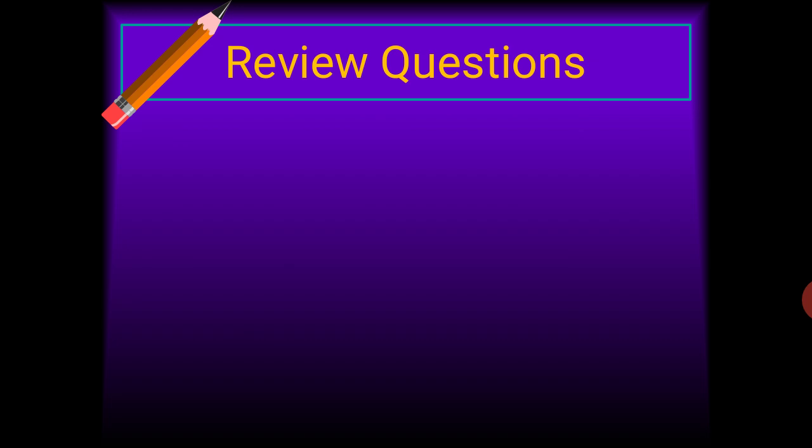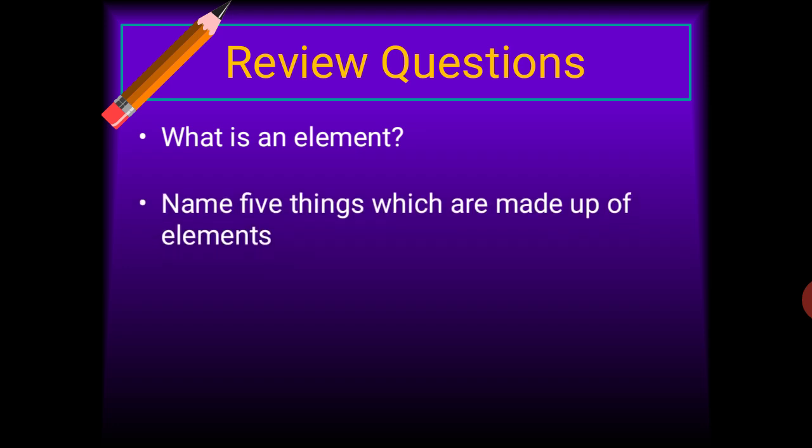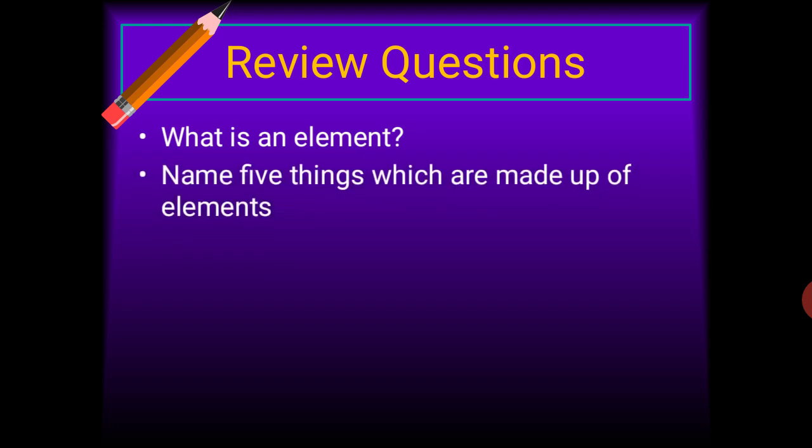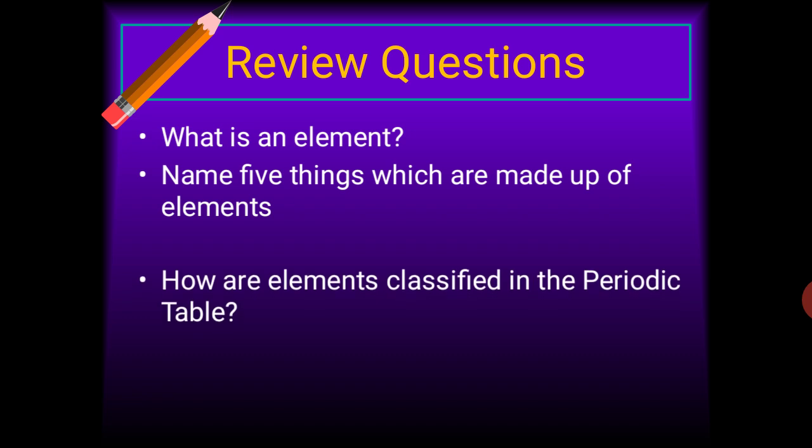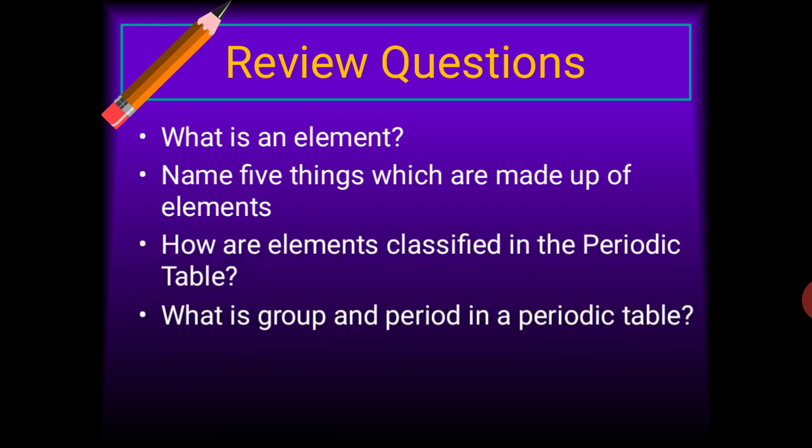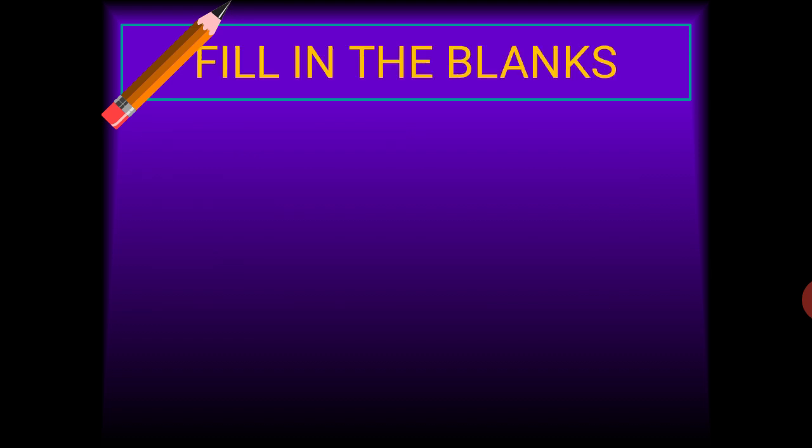Okay, now come to review questions. You can easily answer them. What is an element? Name 5 things which are made up of elements. How are elements classified in the periodic table? What is a group and a period in the periodic table? You can easily fill in these blanks.